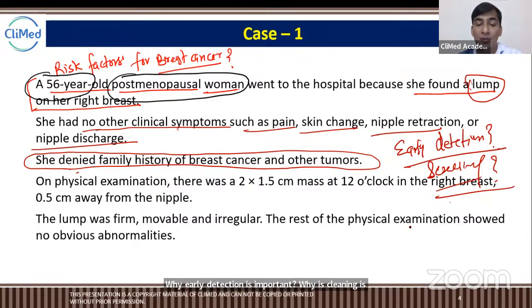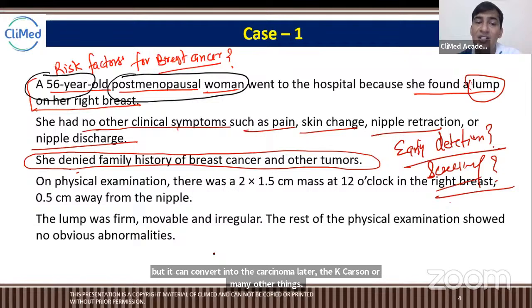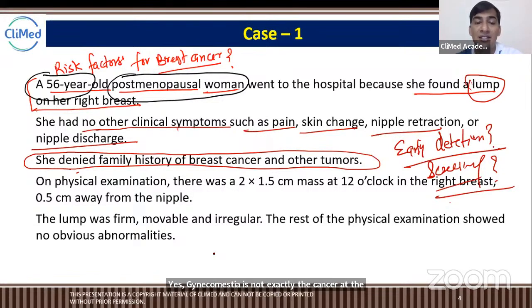Now my question to you is, what is the process of doing the screening in women for breast cancer? Can you please tell me? Gynecomastia is not exactly the cancer at the first stage, but it can convert into malignancy later.